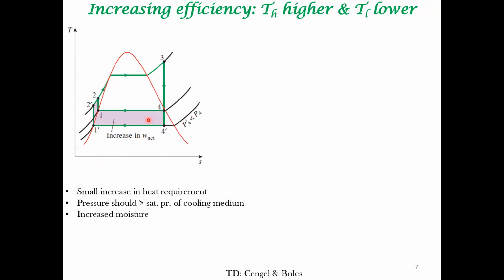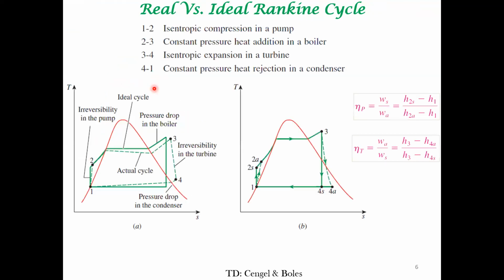And then when you go from this point to this point, the quality of steam decreases, the amount of moisture increases. Correspondingly, there are material corrosion and a few other issues in the turbine, right? So this is in the turbine. Whenever you are looking at these changes, you have to keep the four processes that we are discussing in mind.